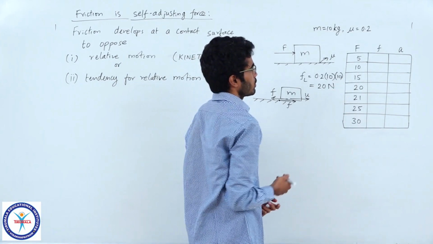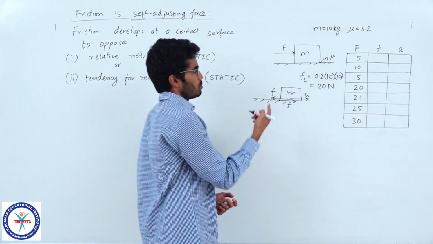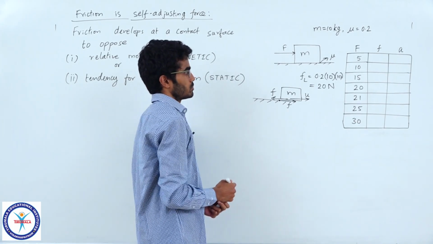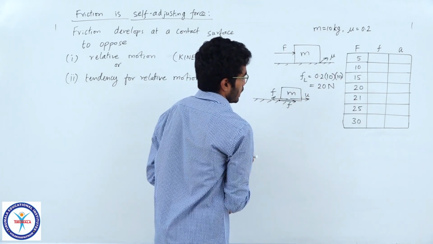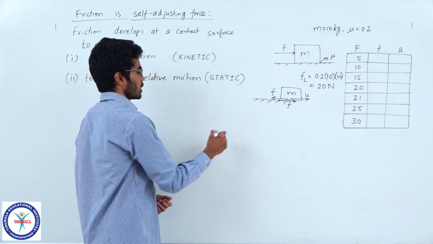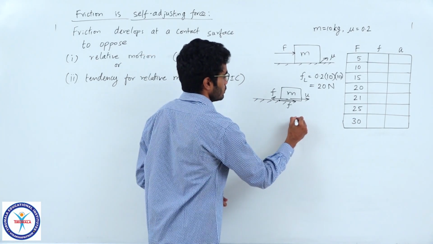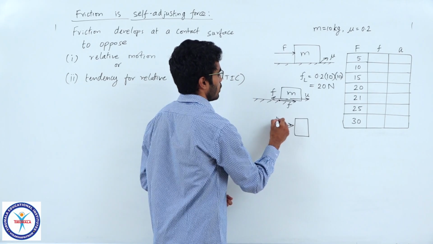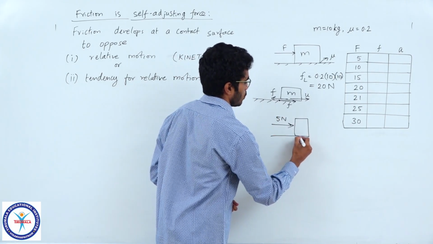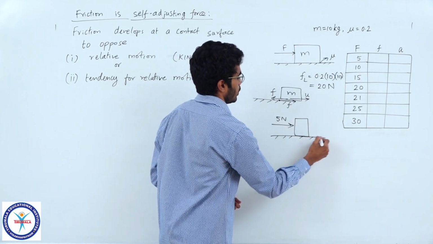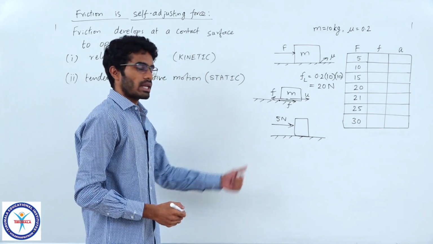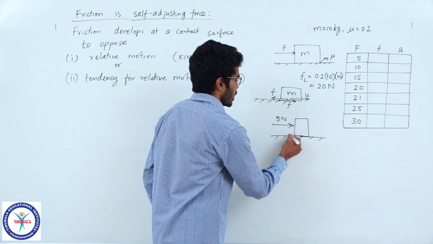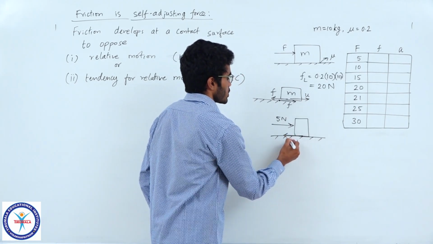Now, we have a table here. I am increasing the force gradually. So, let us see what happens. Let us say 5 Newton force is applied on the block. Now, what will be the value of friction acting on this? It will not be 20 newtons, but it will be only of 5 newtons.